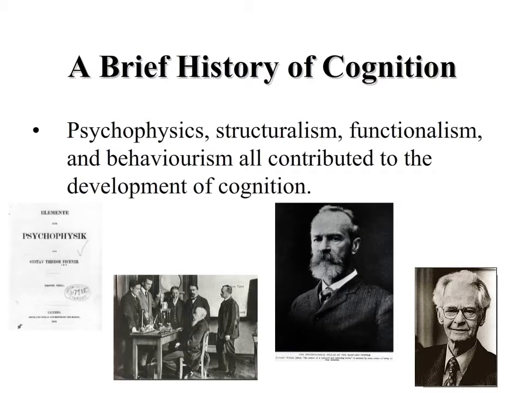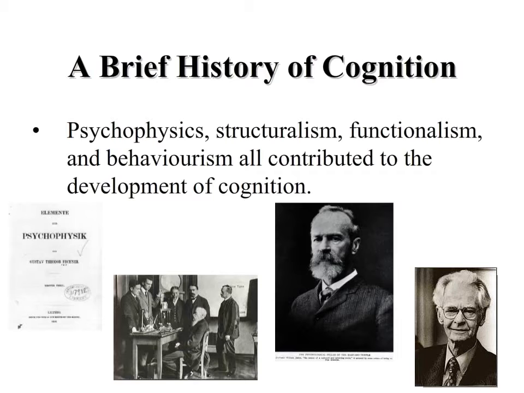A brief history of cognition. The subfields of psychophysics, structuralism, functionalism, behaviorism all played an important role in the development of cognition. Some of them had positive influences, others were something cognition arose as a reaction to.